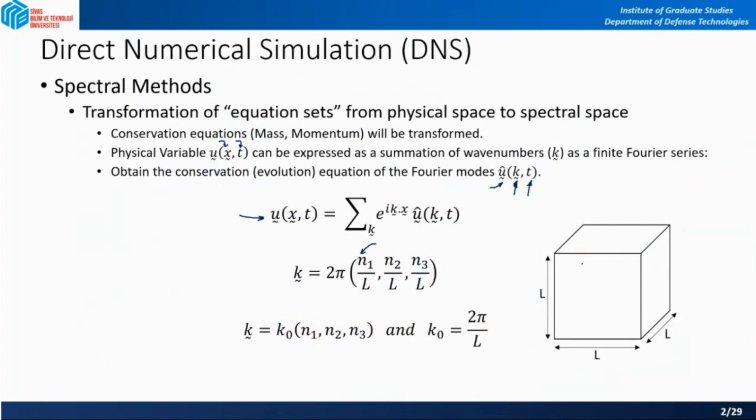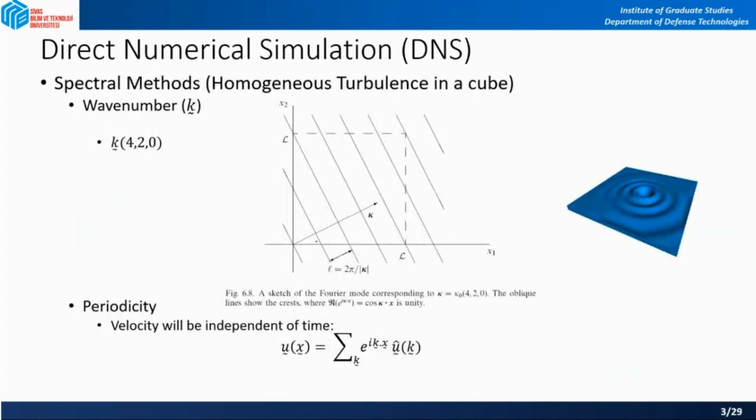For example, if you have a box with side length L, and you just consider the length and width of the box, so just two dimensions of that box, you can somehow represent one of those many Fourier functions. I mean, not the Fourier modes like this. So if you consider a wave traveling on a surface, like on a lake, when you drop a stone inside the lake, you will see these two-dimensional waves. We can have the same thing.